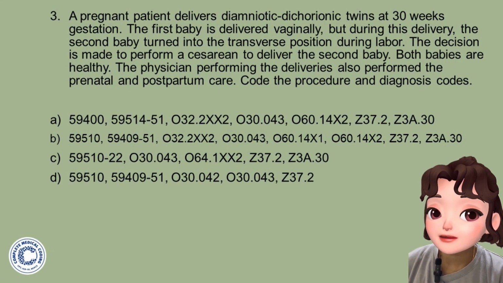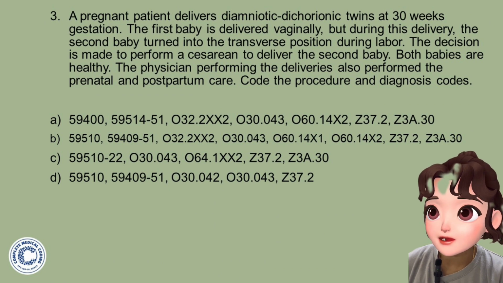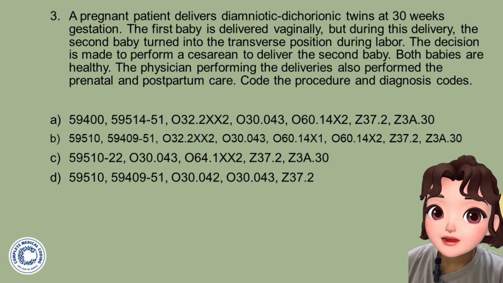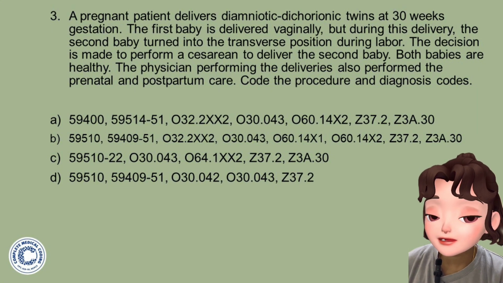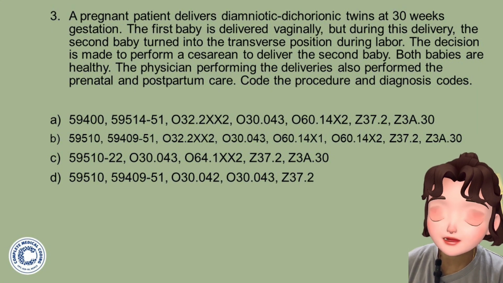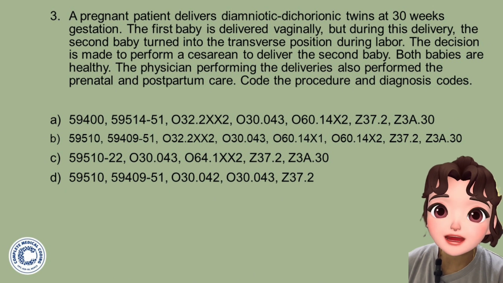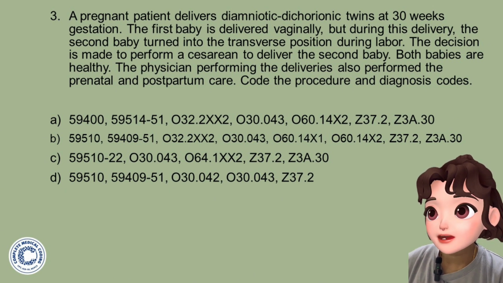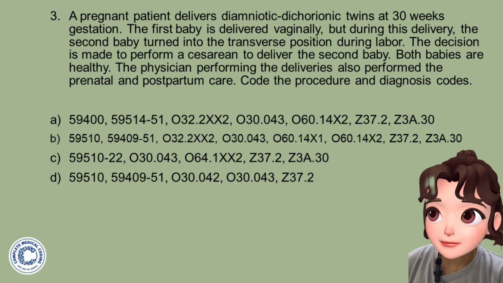Don't put modifier 51 on the first, primary code. You always append the modifier to the secondary code, other than the primary. So 59409 with modifier 51. So our correct answer is option B.